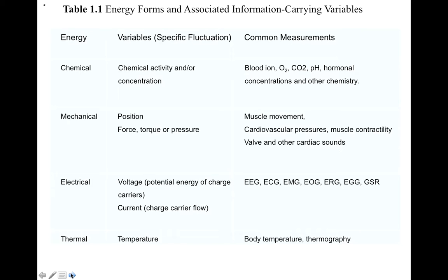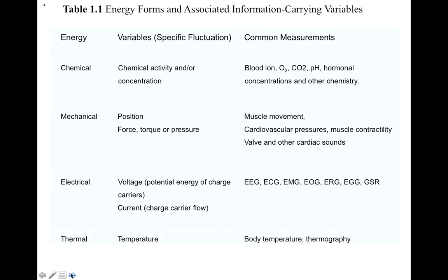So here's a table of some of the different kinds of energy forms and how those variables are associated with the body. So, for example, chemical energy. Some of the variables might be chemical activation or chemical concentration.